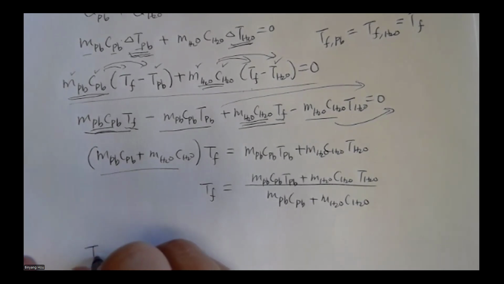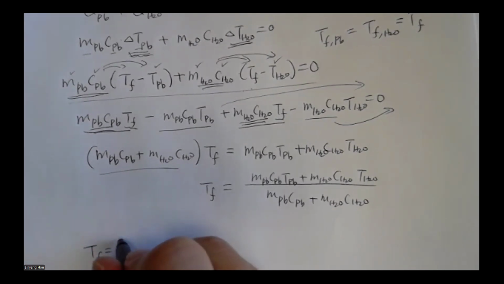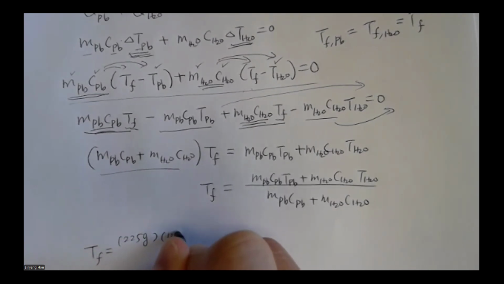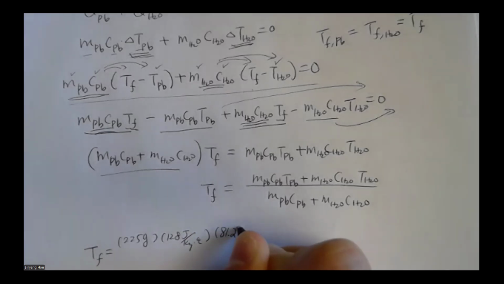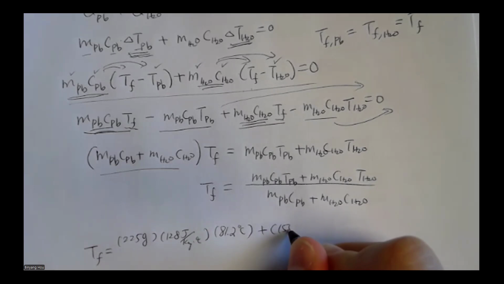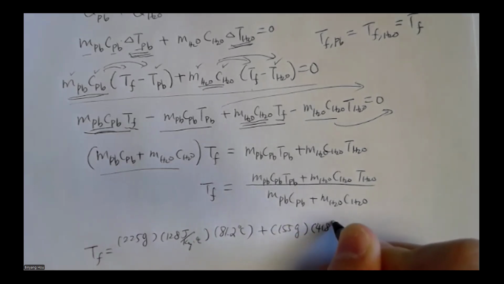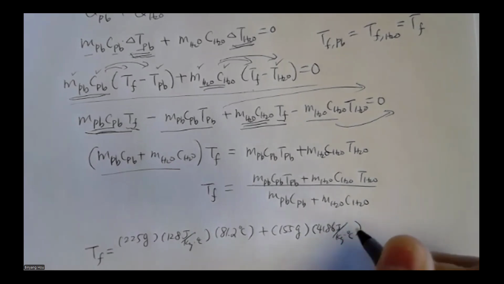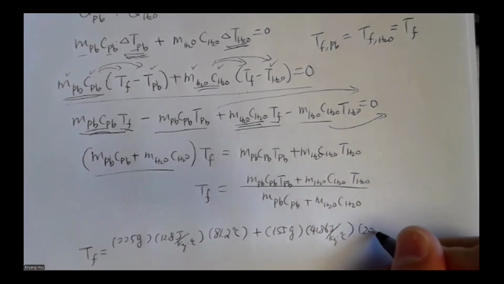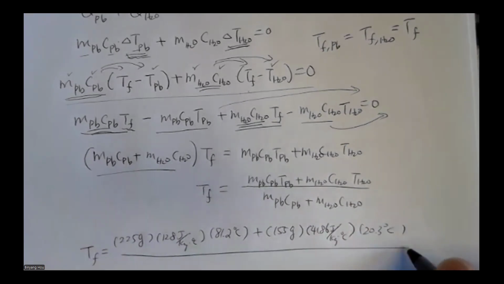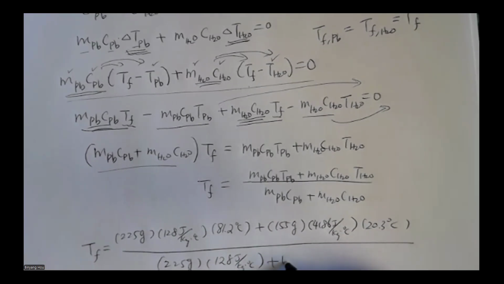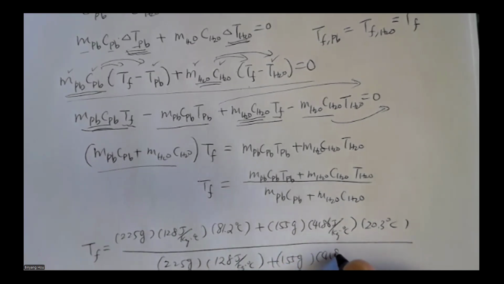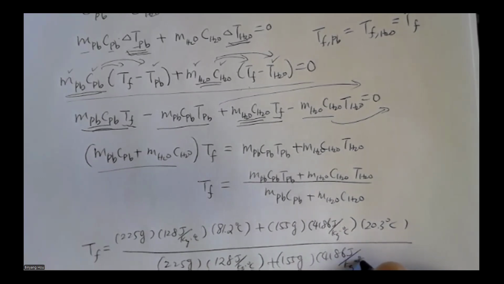So we'll just plug in numbers right now. So we'll do 225 grams, 128 joules over kilogram degrees Celsius times 81.2 degrees Celsius plus 155 grams, 4186 joules over kilogram degrees Celsius, and then times 20.3 degrees Celsius, over, altogether, 225 grams times 128 joules over kilogram degrees Celsius plus 155 grams, 4186 joules over kilogram degrees Celsius.